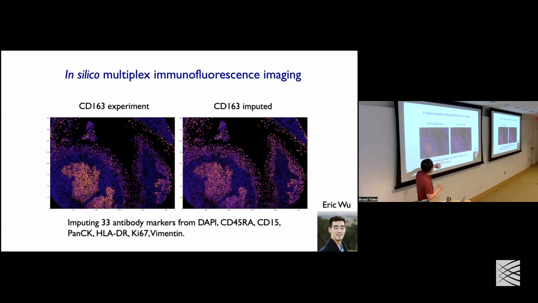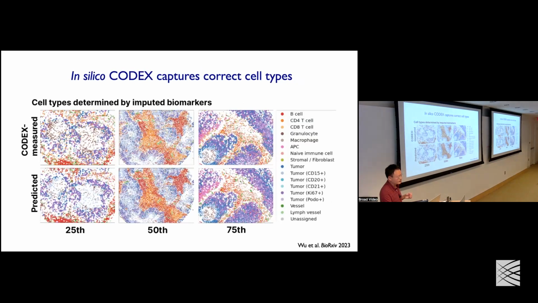Here is an example where you do CD1, CD3 experimentally, and also what we generate from the computation. We show that if you do the actual CODEX experiment, versus taking the synthetic CODEX data we computationally generate with these models, you get very similar cell type identifications and very similar microenvironments. These are examples taken from the 25th percentile, the median, and the 75th percentile in terms of how good the synthetic data is.